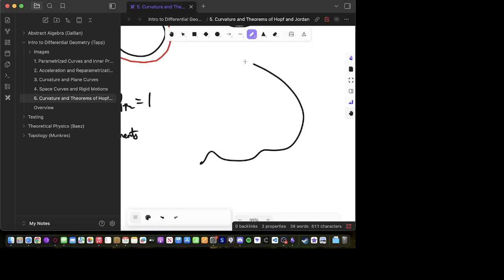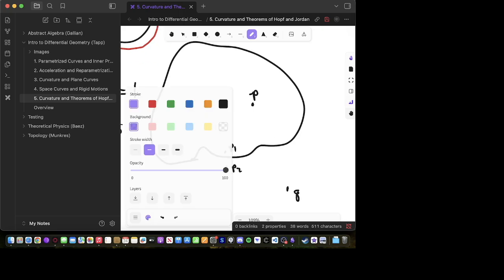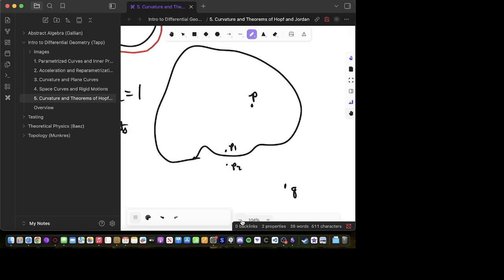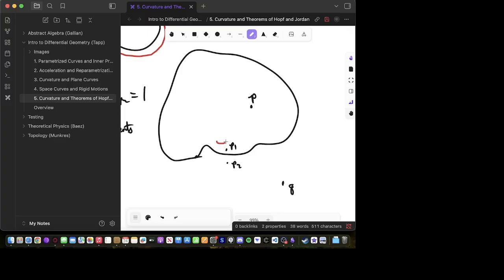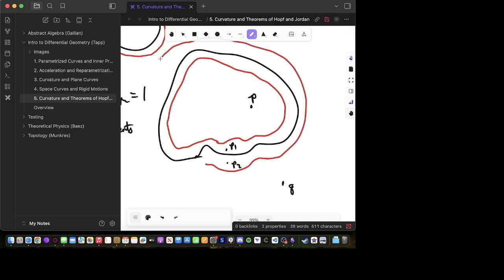Suppose we have a point P. It can be on the inside or the outside. And we have P1 and P2 here. Let's call this Q. And this is a badly drawn tubular neighborhood.